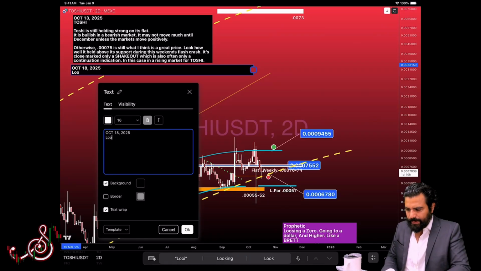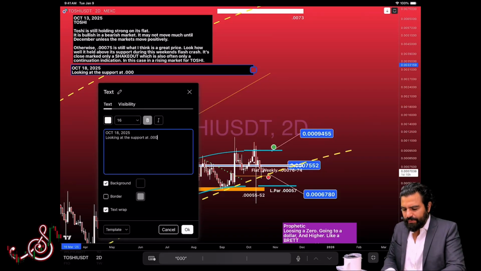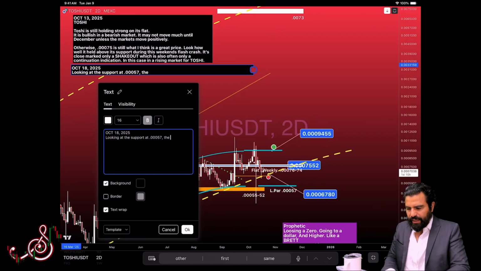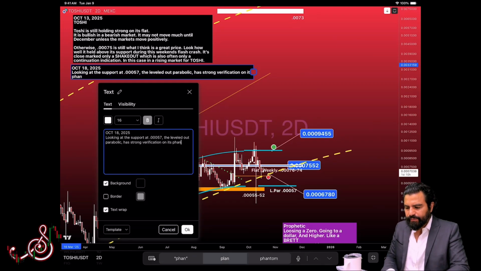Looking at the support at 0.00057, the leveled out parabolic has strong confirmation or strong verification on its phantom wicks and cores, giving us resistance above 0.00094 on a 2-day chart.